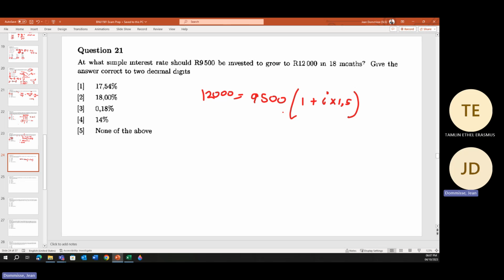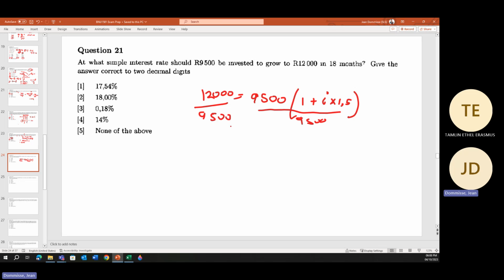Again, we'll use some of the things we've done in previous chapters. I want to isolate the I on the one side. So let's start doing that. This whole thing I will divide by 9,500, and we will do the same on the other side.